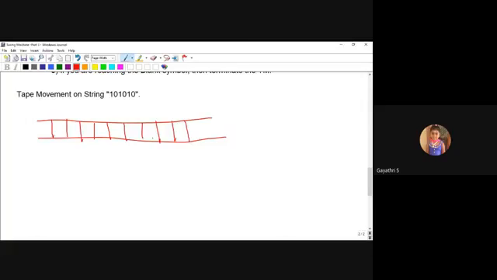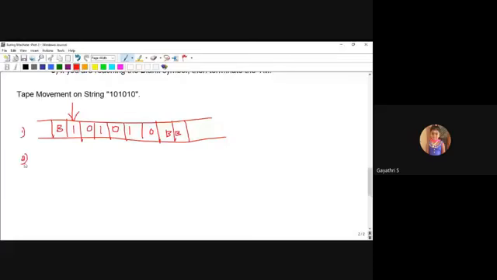The remaining part is filled with blank symbols. Initially the head points to the first input symbol, which is 1. This is step number 1.